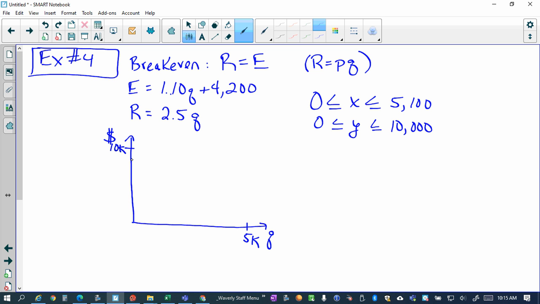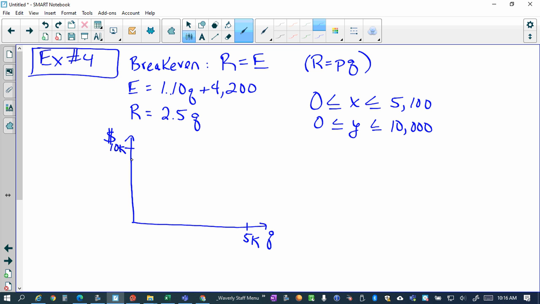But now we know the expense. What's the y-intercept of the expense function? Where does it start? What are the fixed expenses for this company? Remember, starting no matter what happens, 4,200, right?